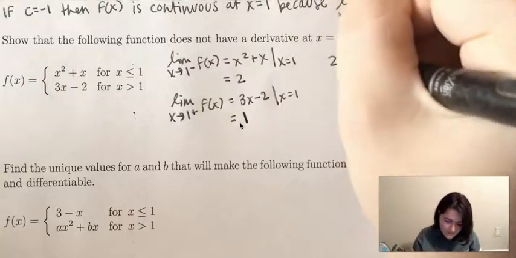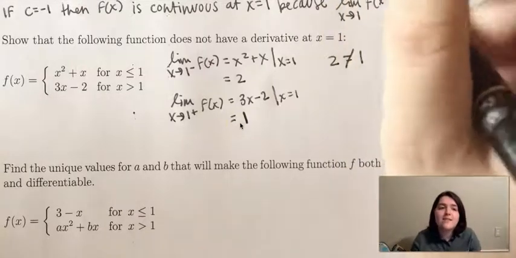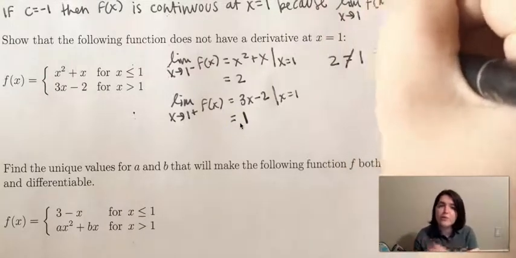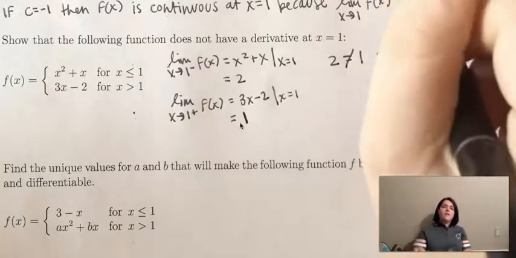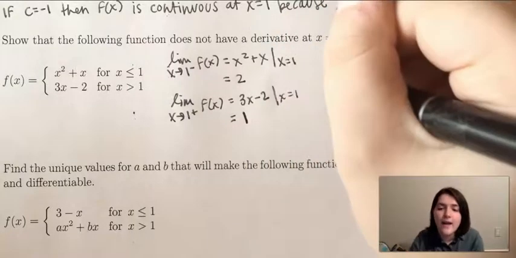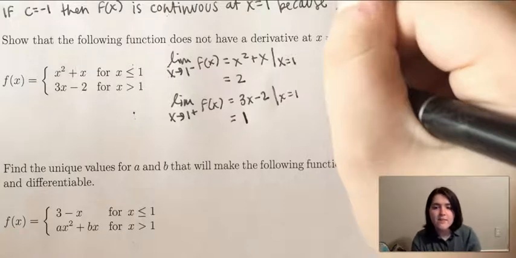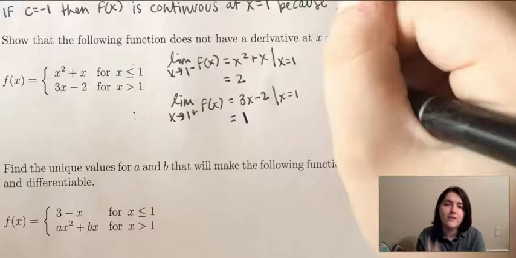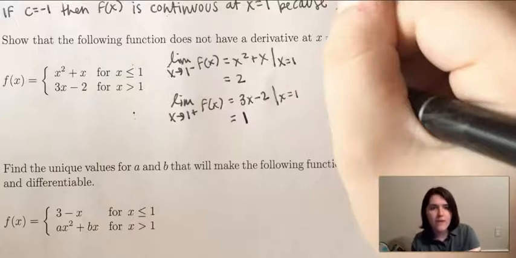And then in this case, the sentence is going to be different just because the question is different. So the reason that we're looking at continuity is because we know that relationship between differentiability and continuity. So when you see a derivative, you think differentiable. And then you think differentiability implies continuity.